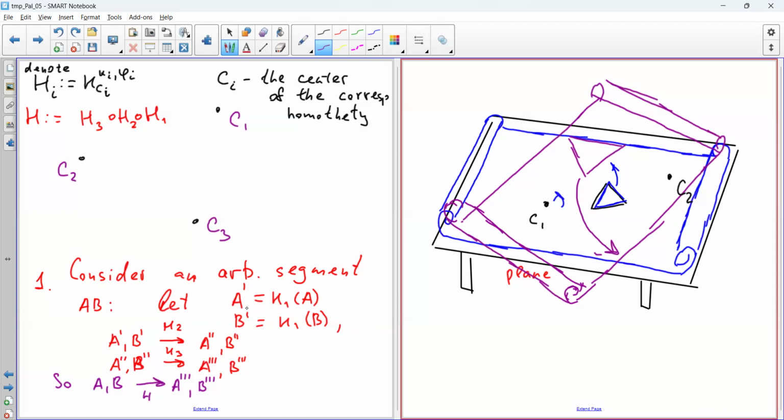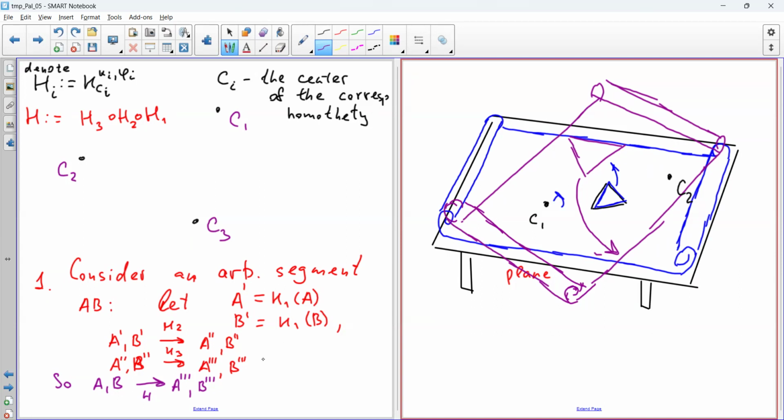So here, when we speak of A prime, B prime, those would be the positions of A and B on the list after the first transformation. A prime, B prime, after we unclipped the list from the first center of rotation and stretching, and clip it at a different point and apply homothety with respect to this point.